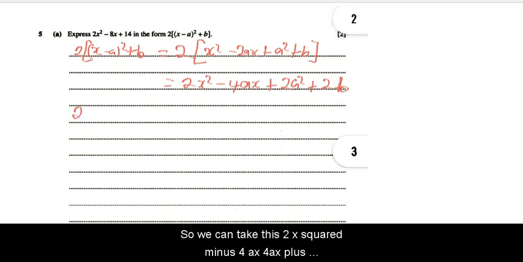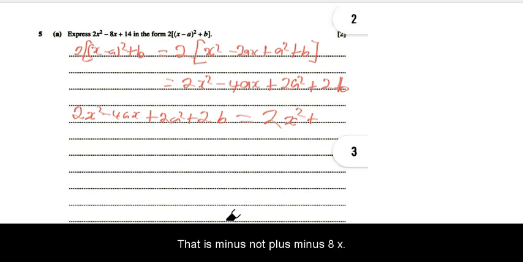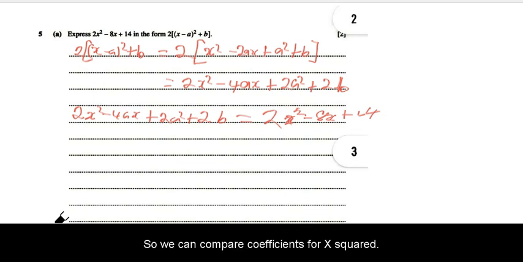So we can take this, 2x squared minus 4ax plus 2a squared plus 2b, to be equal to 2x squared minus 8x plus 14, right?